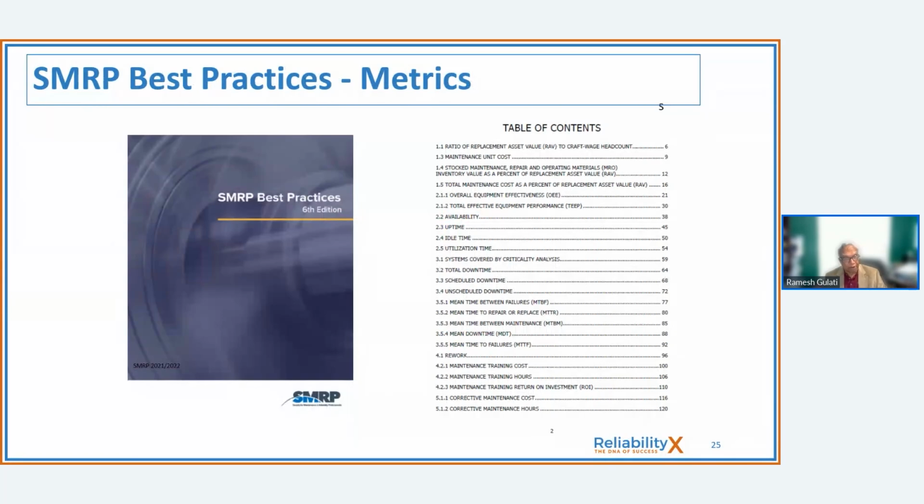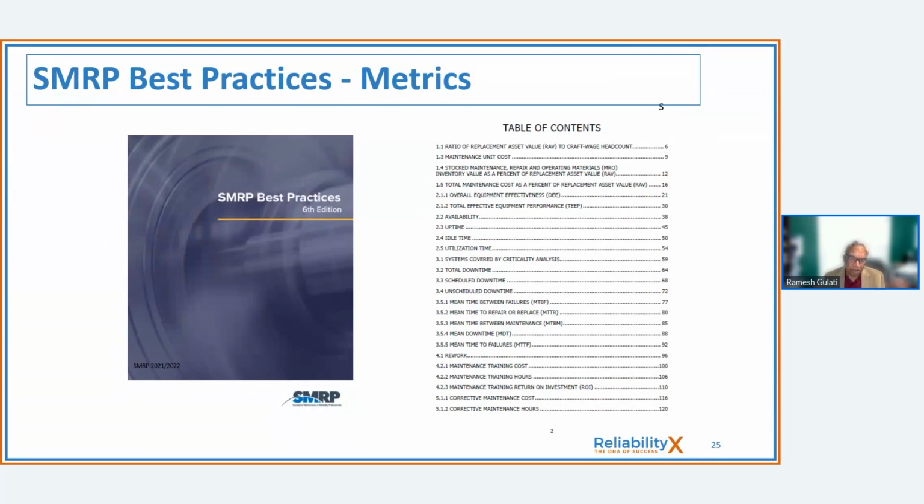I've been involved with that for many years, since the 96, 97 time frame. I'm showing you that SMRP has a best practices book, in which 67 or 68 metrics have been identified.